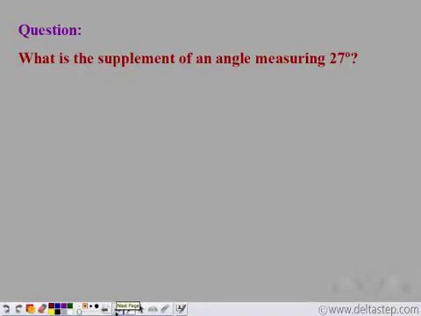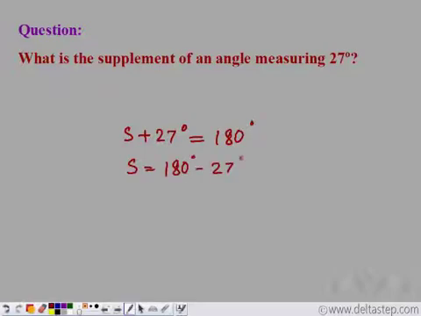Now, can you find the supplement of an angle measuring 27 degrees? So, in order to find the supplement of the angle measuring 27 degrees, we need to subtract it from 180 degrees because their sum is 180. So, the supplement of the 27 degree angle is 180 degrees minus 27 degrees, which is equal to 153 degrees. So, this is the supplement of the 27 degree angle.